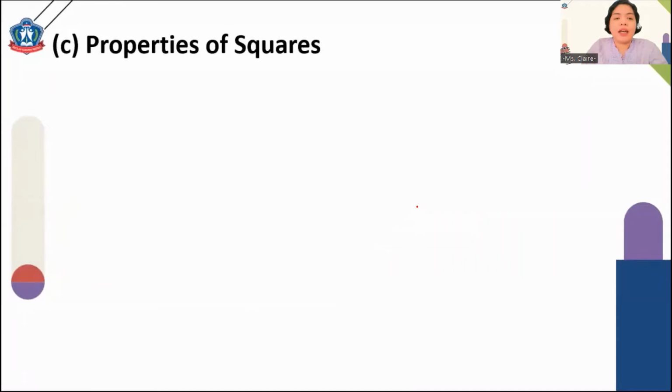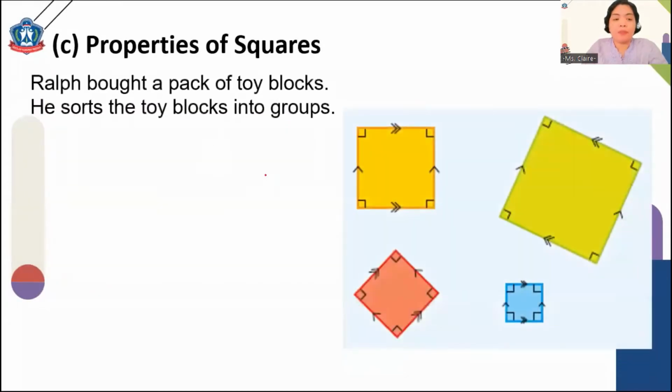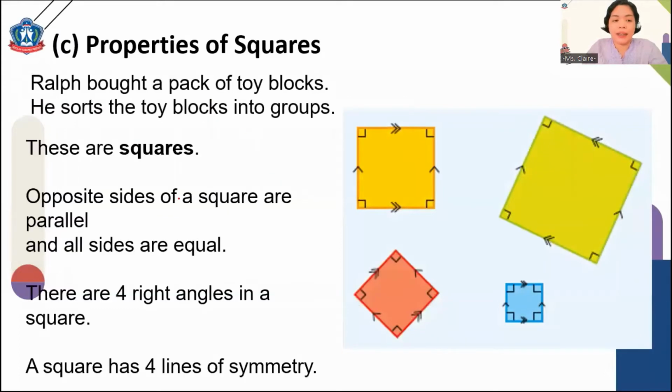Okay, next. What are the properties of a square? Okay, take a look. I have here some pictures of different squares, different sizes. These are squares. The square, children, has opposite sides that are parallel. This side and this side are parallel, and the other opposite sides are also parallel.